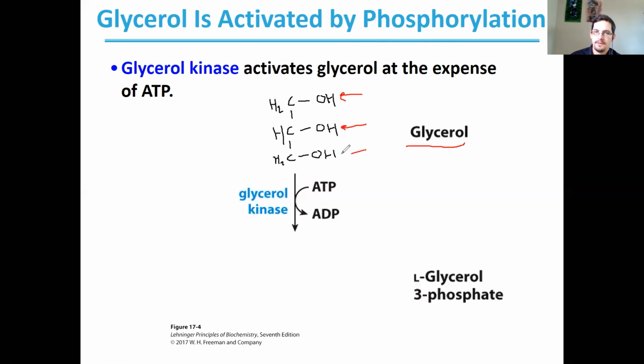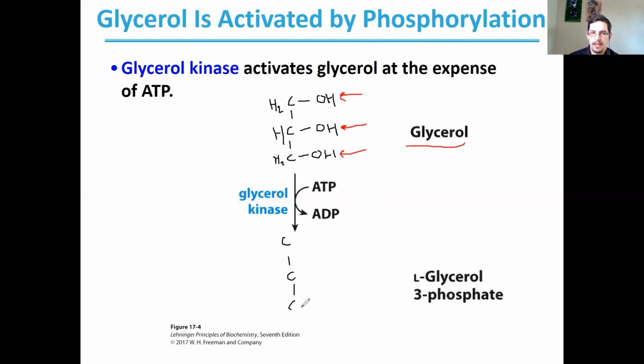After our lipases cut them off, we just have our normal alcohol functional groups from the glycerol. So our first step is basically going to be a priming step. We're going to use the glycerol kinase to transfer a phosphate group onto our glycerol. So we're making L-glycerol 3-phosphate.